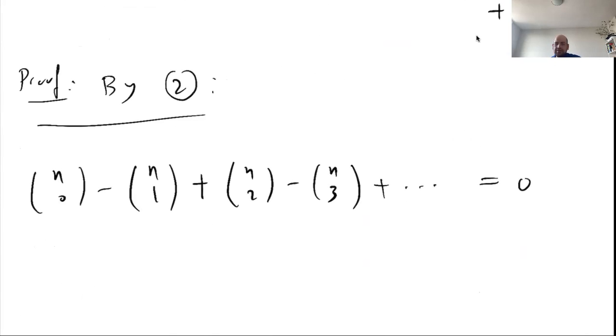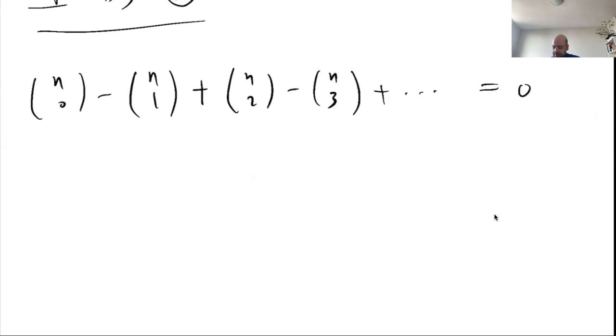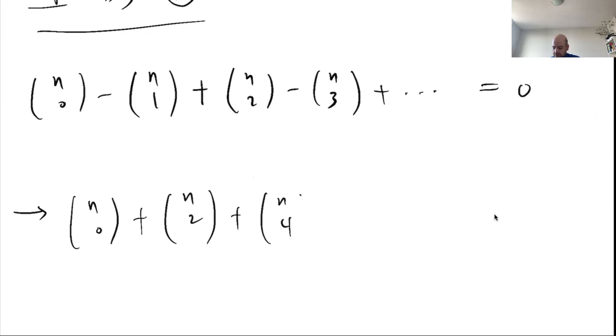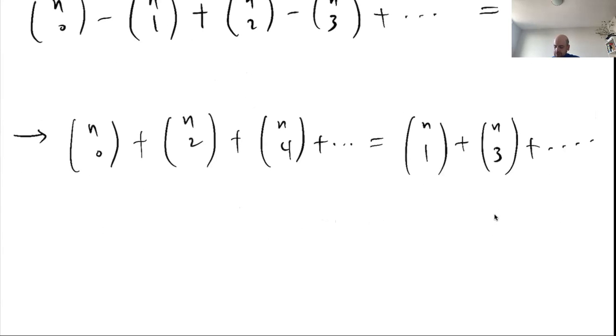So now if I keep the positive terms on the left-hand side, and take the negative terms to the right-hand side, then they will become positive, and therefore I will have n choose 0 plus n choose 2 plus n choose 4 plus dot dot dot equals n choose 1 plus n choose 3 plus dot dot dot. So this was easy to prove.